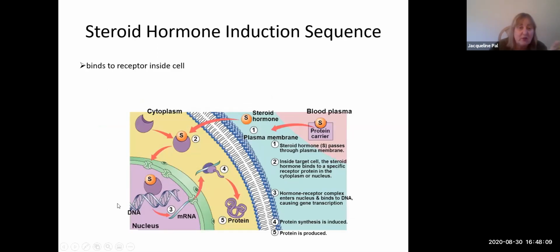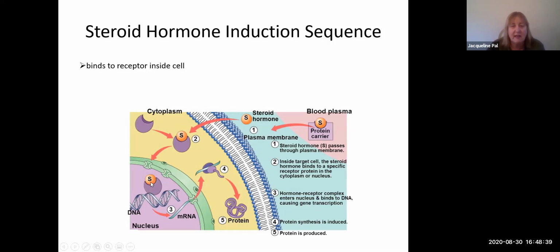The previous picture showed its receptor in the nucleus, but this one shows the other option, in that its receptor is in the cytoplasm. Either place, the nucleus or the cytoplasm, it is going to find a protein which is its receptor and bind to it. Once it has bound to its receptor, if it's in the cytoplasm, then it goes through the nuclear pores to enter the nucleus, just like it would have if that's where its receptor was.